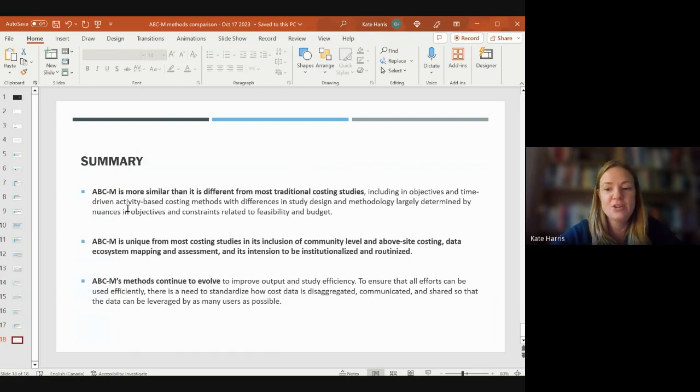So hopefully learning about this gives you an idea of things you could ask about on how to interpret the data. And finally, activity-based costing methods will continue to evolve to improve the output and study efficiency, including in the community level and above-site costing component, as we've discussed.